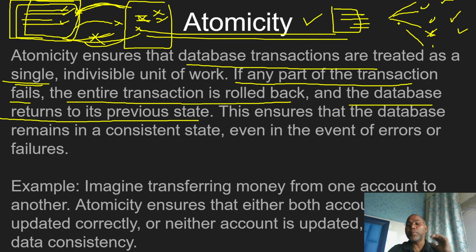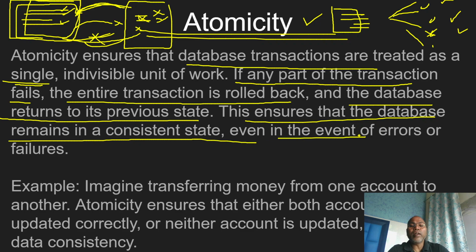Your data should be in the previous state. This is the kind of feature the RDBMS offers. This feature ensures the database remains in a consistent state even in the event of error or failure. Atomicity says that if you start a transaction with a couple of statements and any statement fails, it completely rolls back, and your data should look like the previous state, not the partial state.